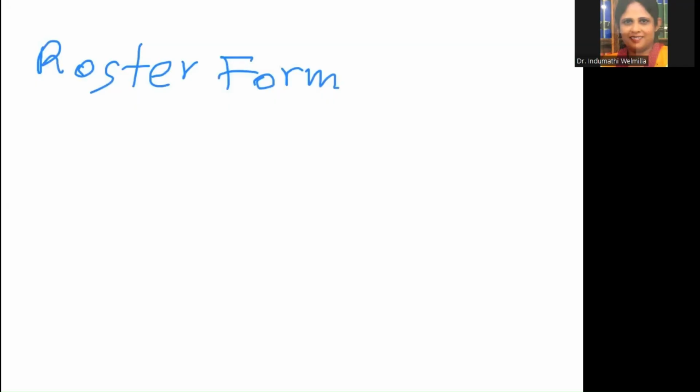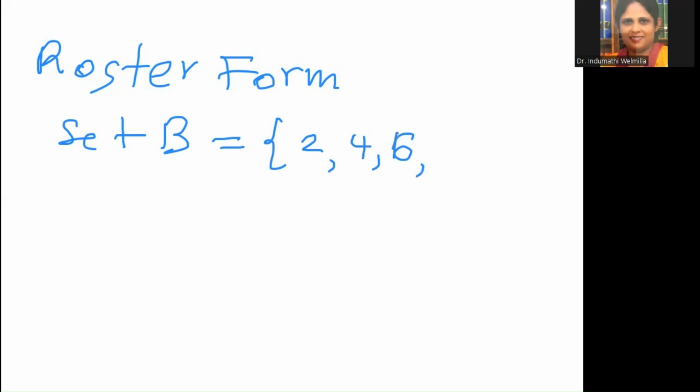In this notation, the elements of the set are enclosed in curly brackets and separated by commas. For example, let's name the set B. Set B equals {2, 4, 6, 8, 10}, which is the collection of the first five even numbers.